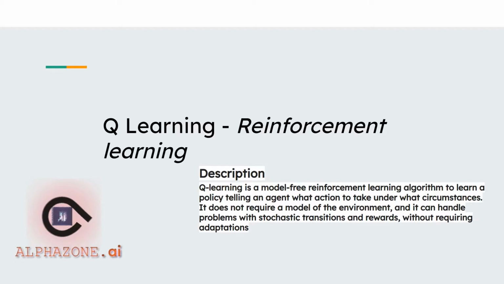What happens there essentially is it will learn based on the actions to be taken. So Q learning is a model free reinforcement learning algorithm to learn a policy telling an agent... so what is an agent?